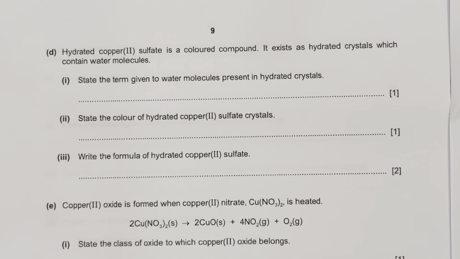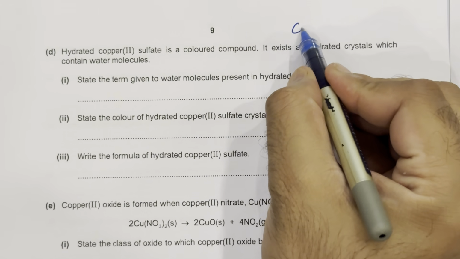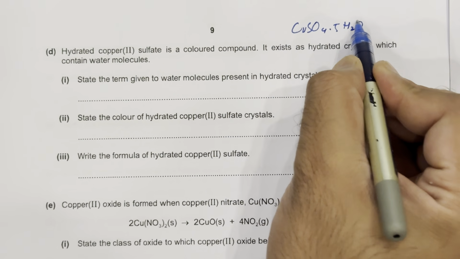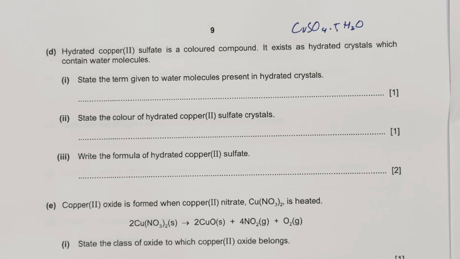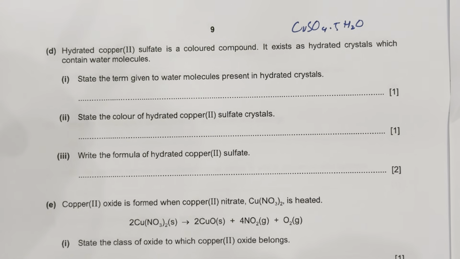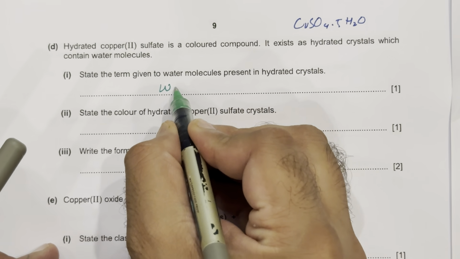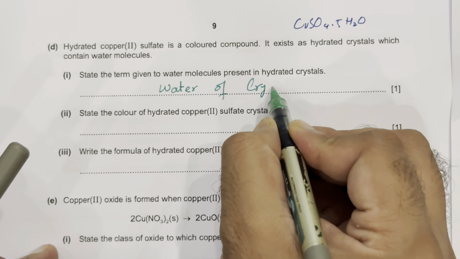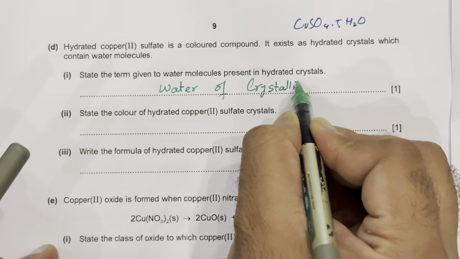I'm writing the formula over here, CuSO4.5H2O. State the term given to the water molecules present in the hydrated crystals. So the term we use is water of crystallization.